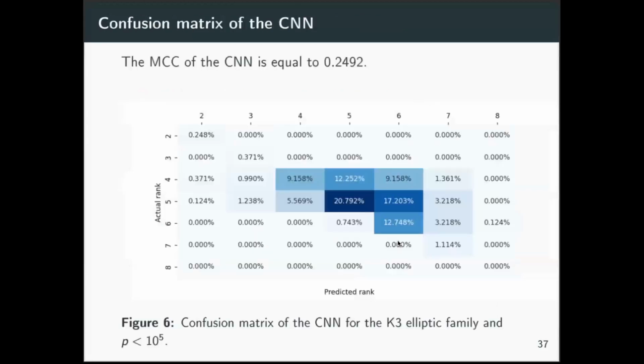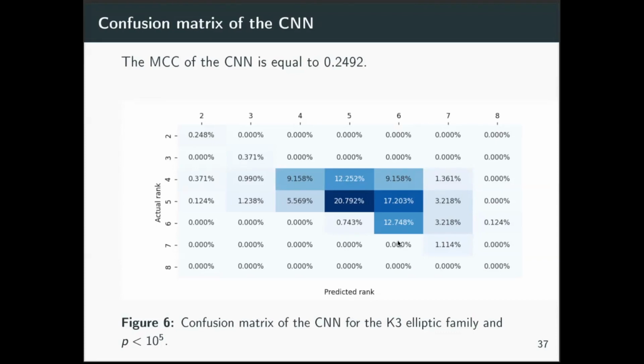And we ran this data through the CNN for the total data set for top range for p less than 100,000. And this is what we get. So it was quite low.